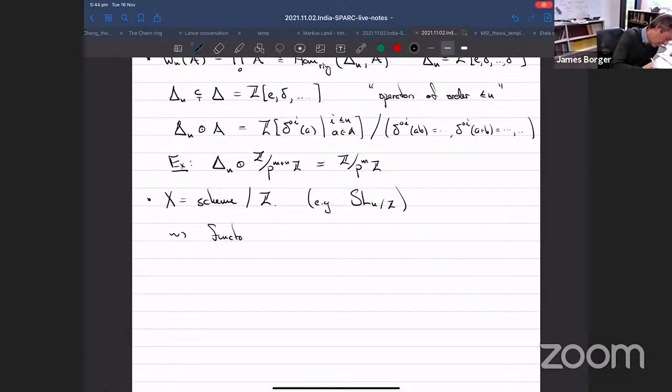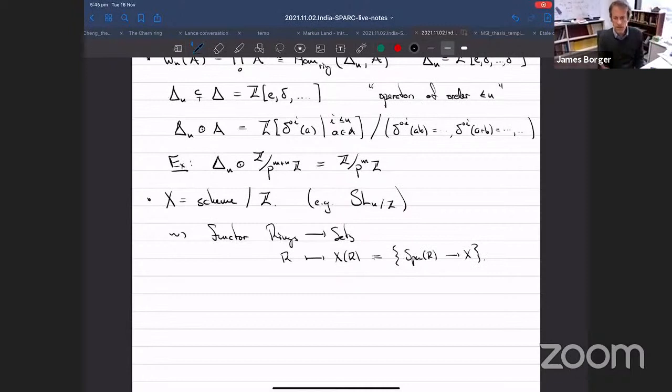So this is a functor from rings to sets, which sends an input ring R to its set of R-valued points, which is by definition the set of homomorphisms from the spectrum of R to X. So, for instance, for SL_N, maybe I won't use n because I'm using n for the length, SL_D, it just sends a ring to SL_D of that ring. So it's a fantastic notation.